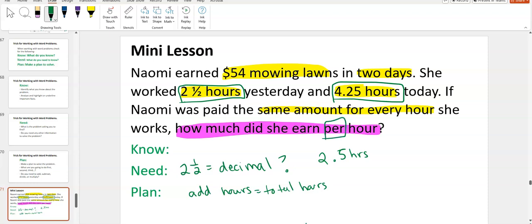The word per here should give you a hint to divide. Okay, so now I have my plan. I'm going to add, and then I'm going to divide 54 by my total hours.